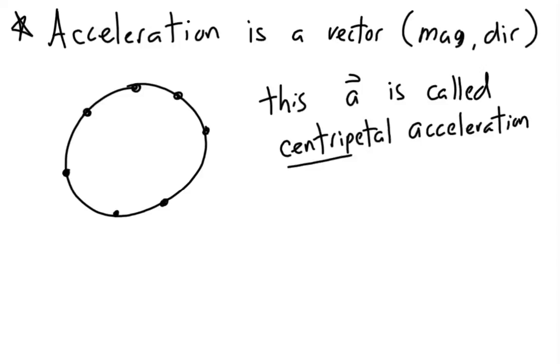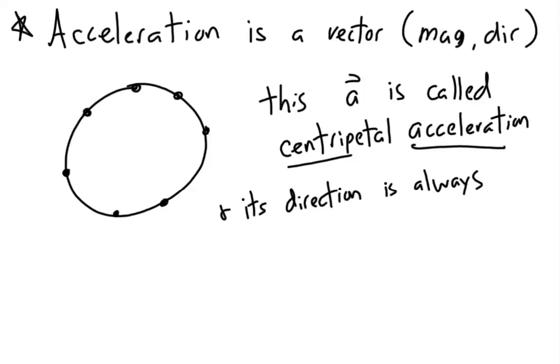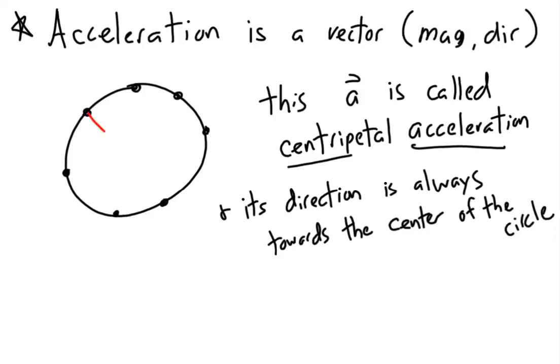Now, we didn't mention it before, but this acceleration vector has a name, and it's called the centripetal acceleration. And its direction, as I mentioned one moment ago, is always towards the center of the circle. We represent this by vector a with the subscript c. So at various points it's pointing directly towards the center.